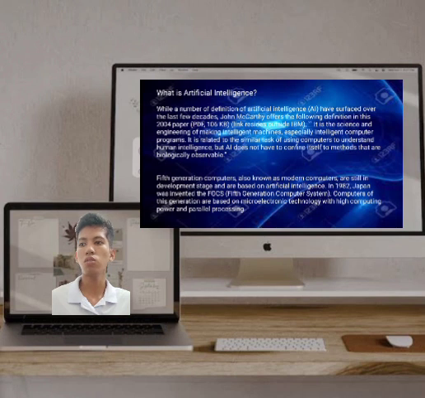It is related to the similar task of using computers to understand human intelligence, but AI does not have to confine itself to methods that are biologically observable.